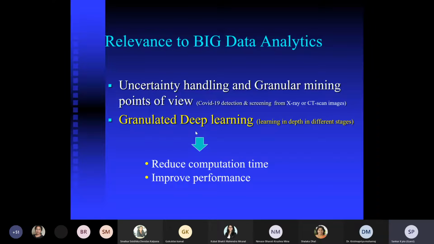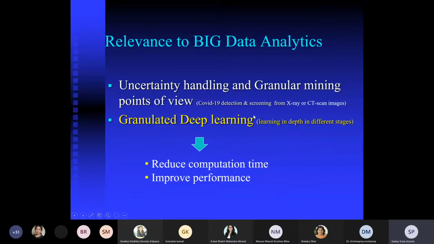Here comes the concept of how to reduce the computation time. But definitely when you reduce the computation time, learning performance may be a little bit compromised. Therefore, the objective is to reduce the computation time and improve the performance, which is the significance of granulated deep learning.